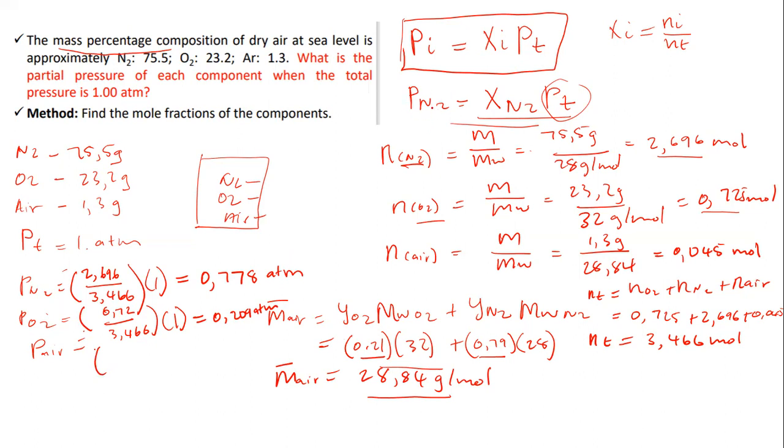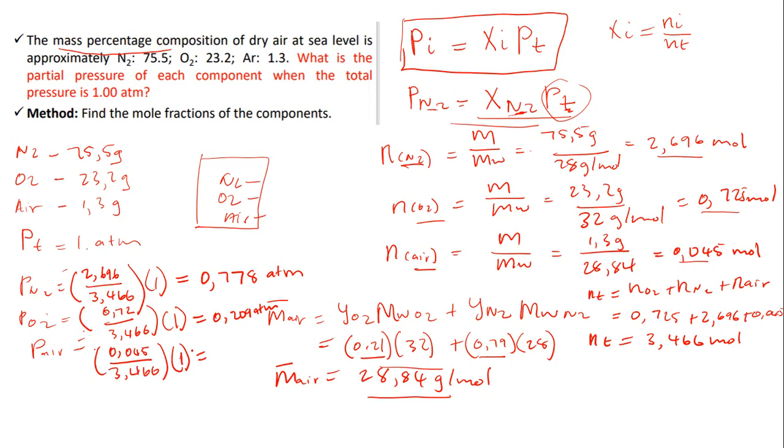Okay, and therefore for air, you're going to do the very same thing. What is the partial pressure of air? You're going to determine the mole fraction of air and the total pressure. But how do we determine the mole fraction of air? The number of moles of air, which is 0.045, divided by the total number of moles, which is 3.466, multiplied by the total pressure, which is 1.